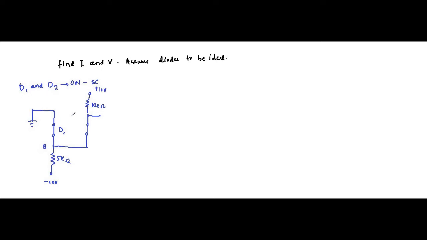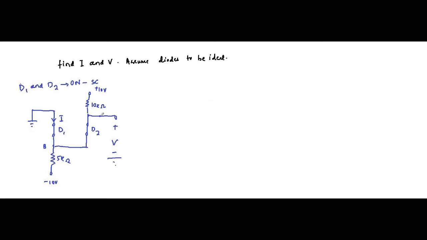So this is the first case. Diodes D1 and D2 are both short circuited, and we have to find out these parameters and this current I flowing through D1.